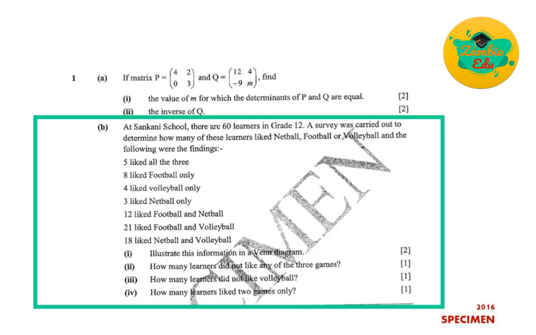A survey was carried out to determine how many of these learners liked netball, football, volleyball, and the following were the findings. 5 liked all the 3. 8 liked football only. 4 liked volleyball only. 3 liked netball only. 12 liked football and netball. 21 liked football and volleyball. 18 liked netball and volleyball.